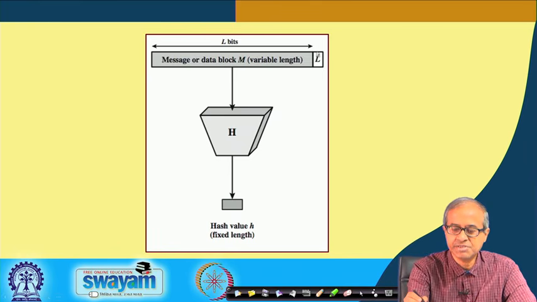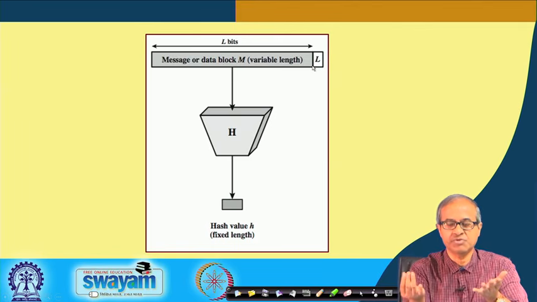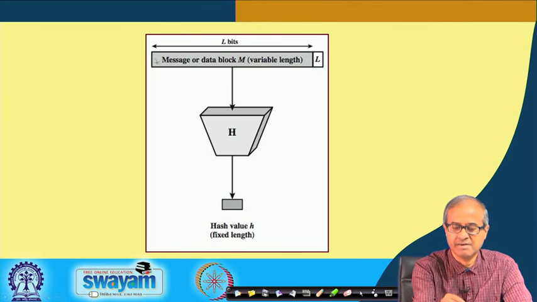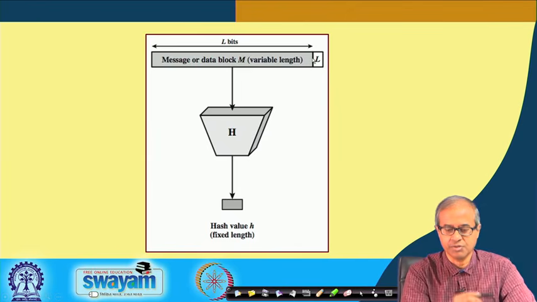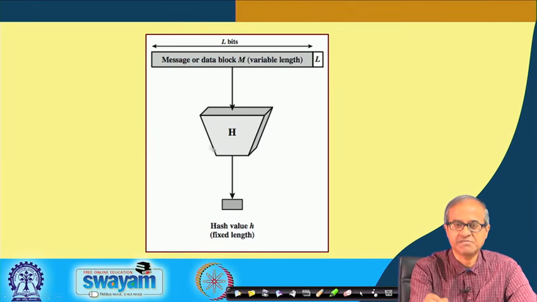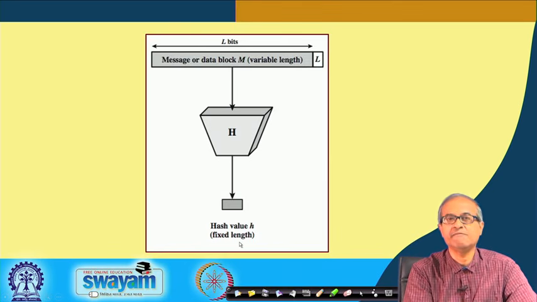Sometimes we add some additional bits at the end to make it a multiple of some unit, let us say an L bit number in total. Then we apply a hash function, and we get a small hash value which is typically of a fixed length. It can be 128 bit, 160 bit, or 512 bit; this size is fixed.